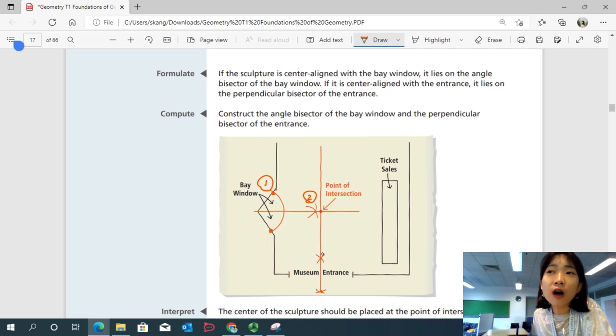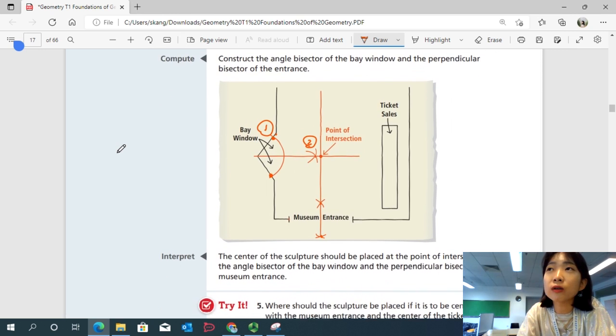And then drawing a line between these two intersection points will give you a perpendicular bisector. And if you extend that perpendicular bisector until it reaches your angle bisector, the point of intersection will give you the exact location where the new sculpture needs to be.